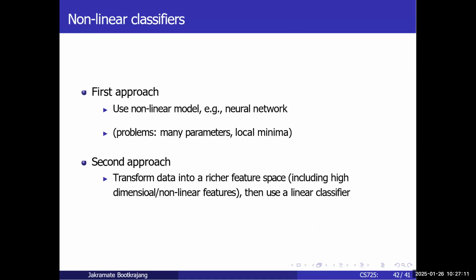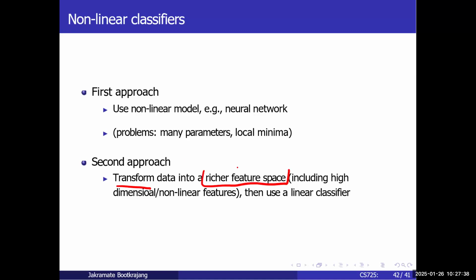Now, if we want to be very persistent, we want to use SVM. We only know how to use SVM, but the data is not linear. What can we do? Another approach is to transform the data into a richer feature space.